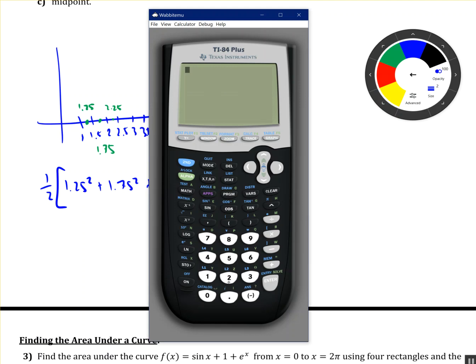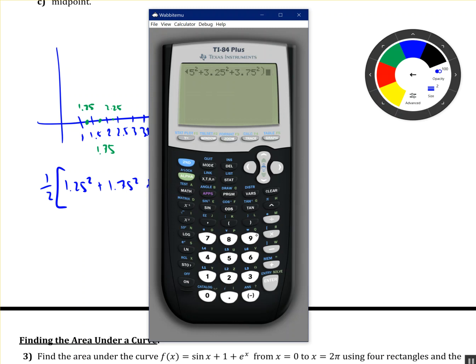We got 0.5 times 1.25 squared plus 1.75 squared plus 2.25 squared plus 2.75 squared plus 3.25 squared plus 3.75 squared.